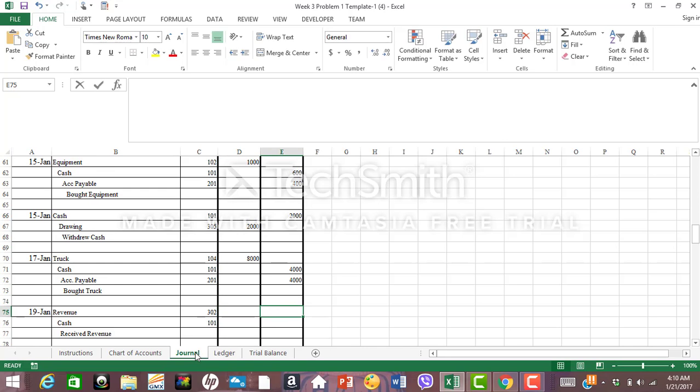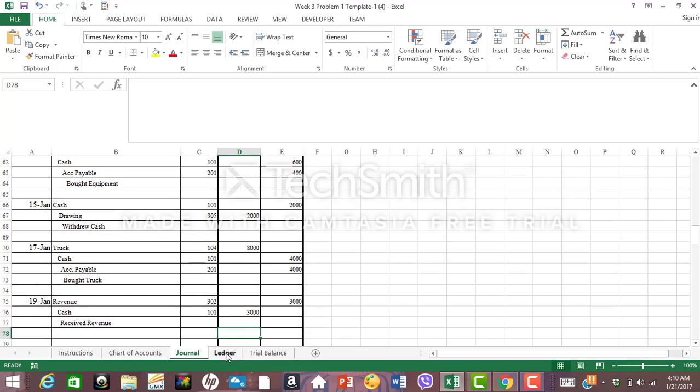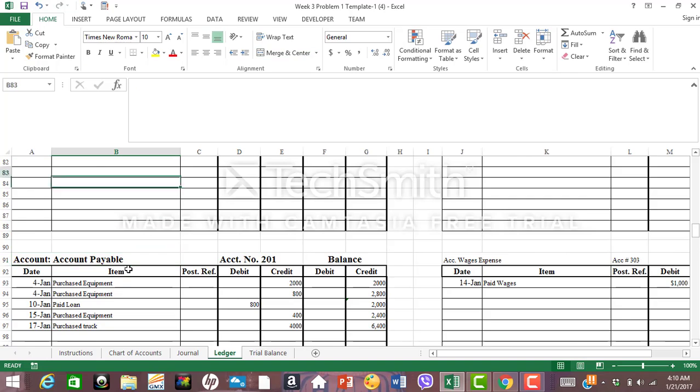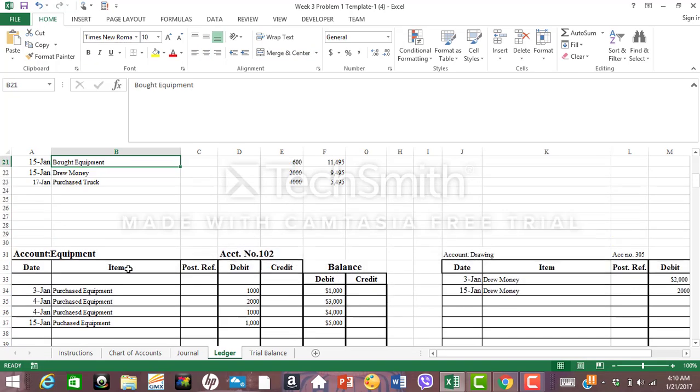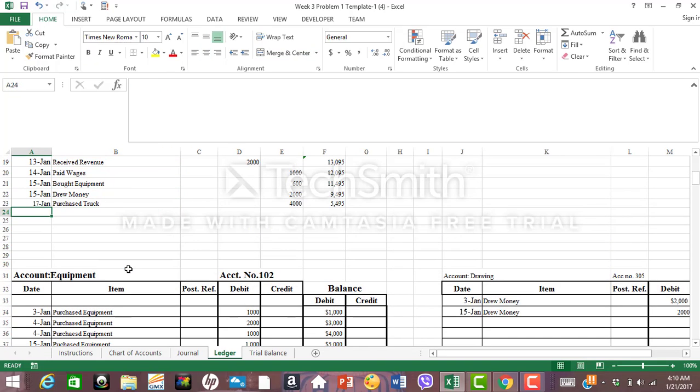Actually, revenue would be under the credit side, and cash would be under the debit side. So then we go up to cash. January 19th, received revenue, and the revenue was for $3,000. So we add that to the balance, and now our total is $8,485.